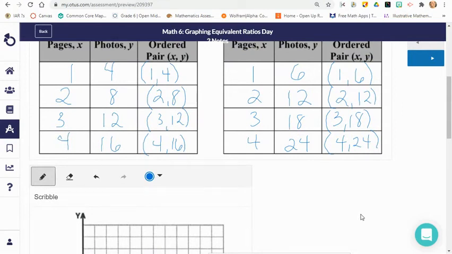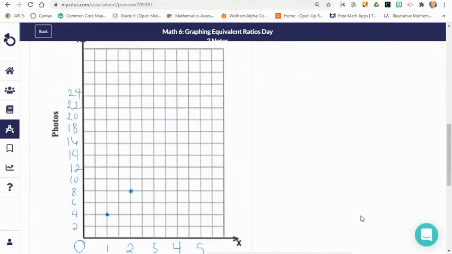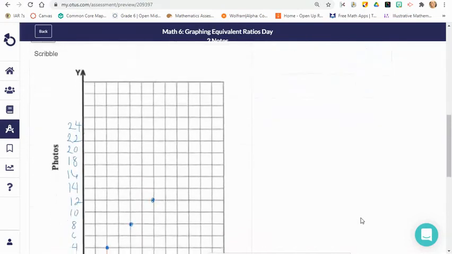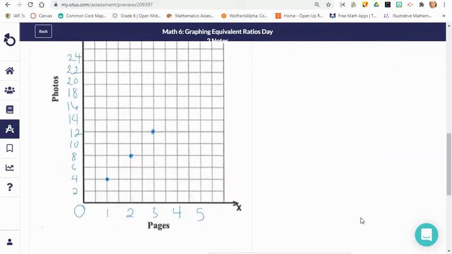Her next one is 3, 12. So I'm going to go over 3 and up 12. And then last is 4, 16. So I'm going to go over 4 and up 16. So her line, just kind of draw the best you can. Goes like that.